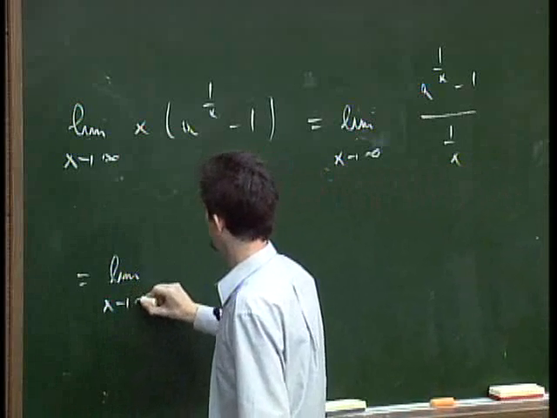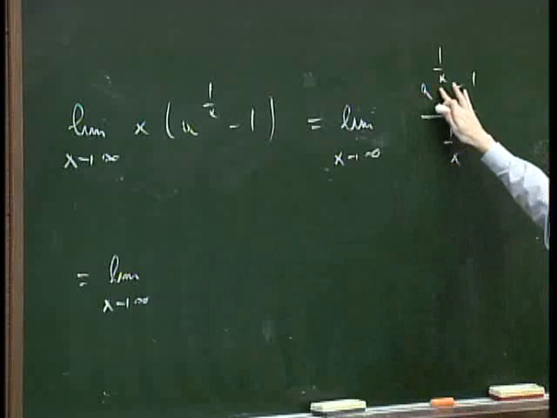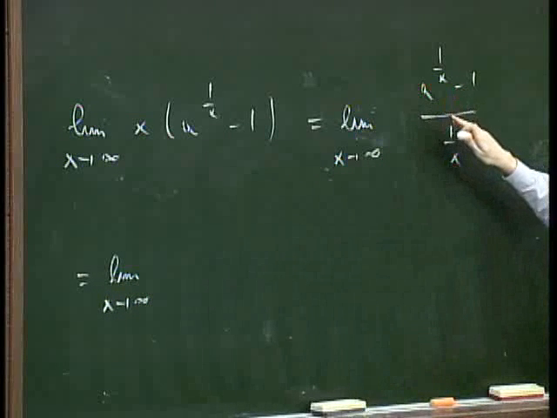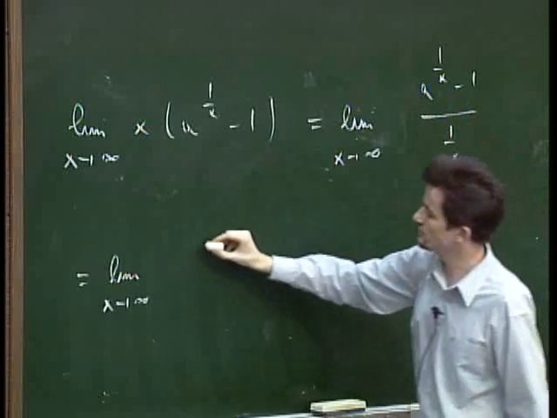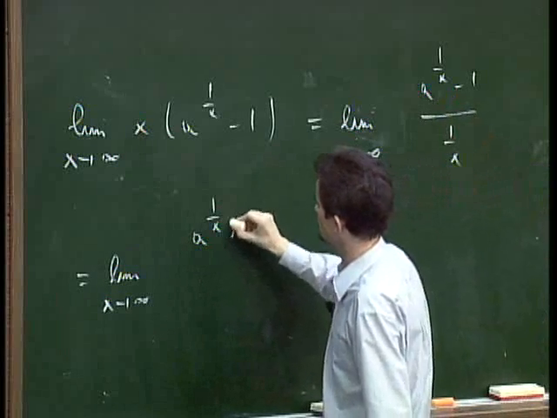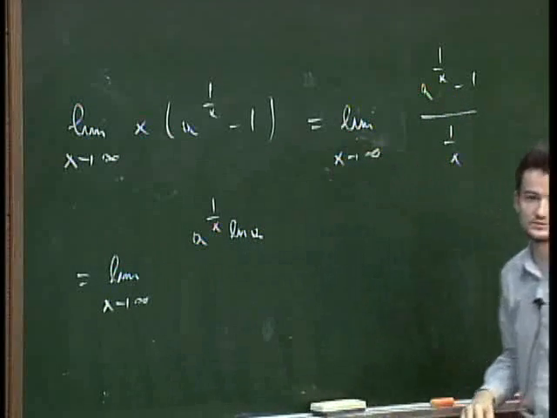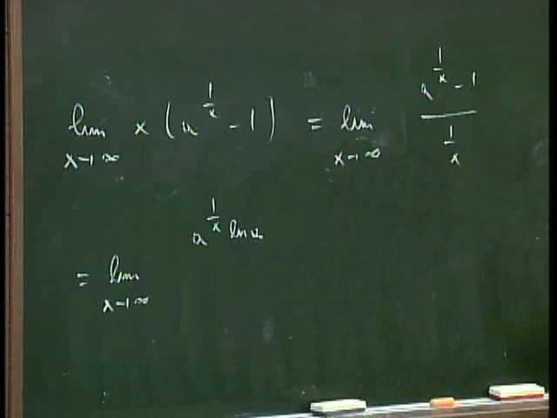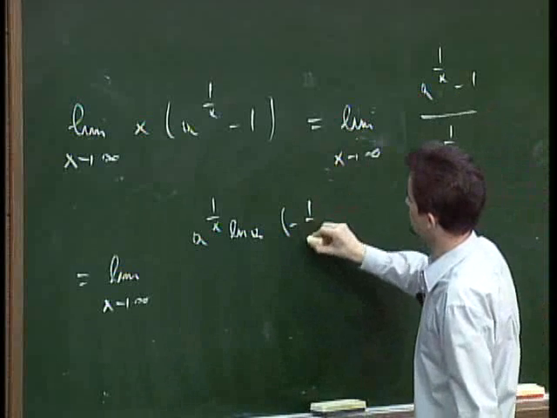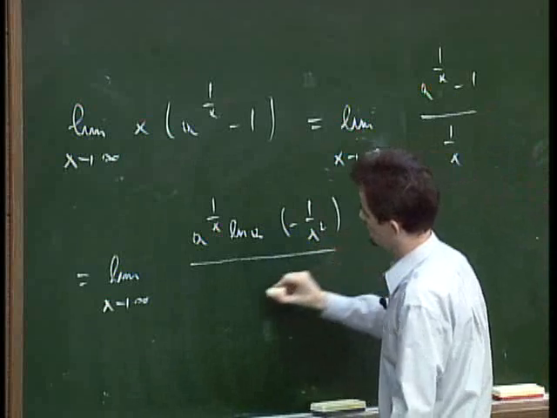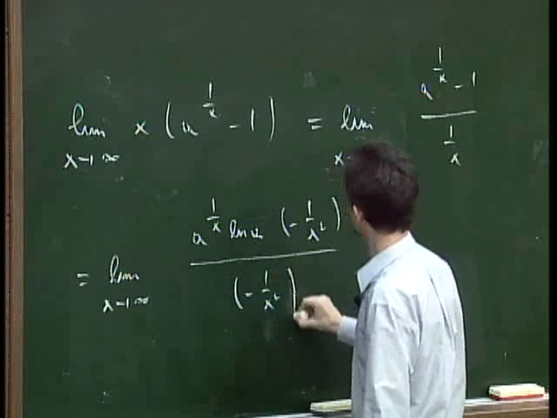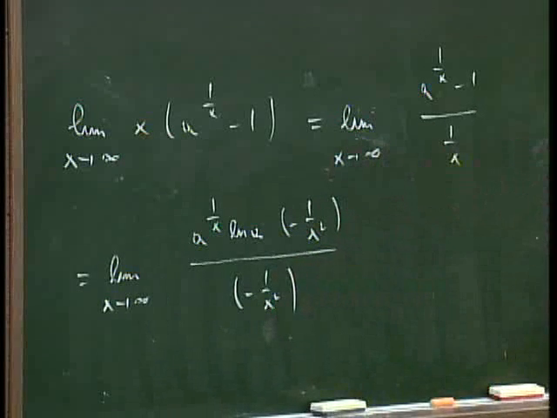As x tends to infinity, if you take the derivative here, the outer function is the exponential function. We know the derivative of the exponential function is this one, times the derivative of the inner function, which is minus 1 over x squared, over minus 1 over x squared, which is the derivative of the denominator.